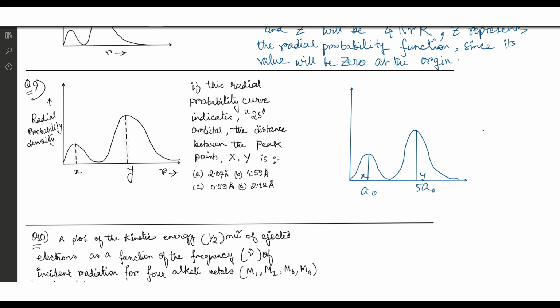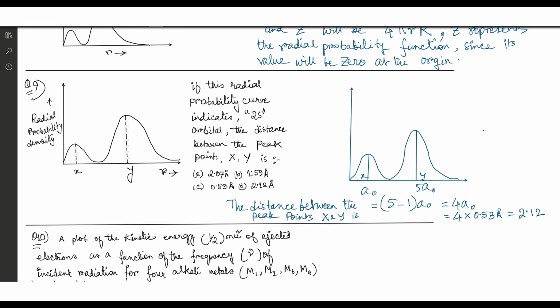So the distance between the peak points x and y is 5 minus 1, that is 4a0, 4 into 0.53 Angstrom, that is 2.12 Angstrom.